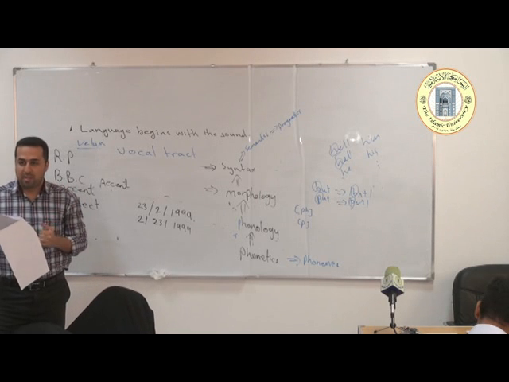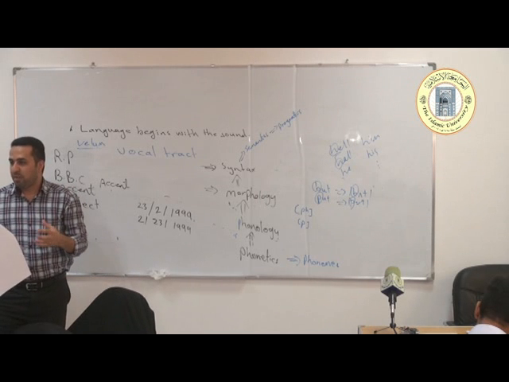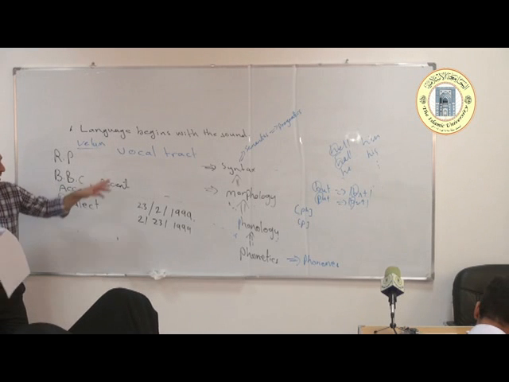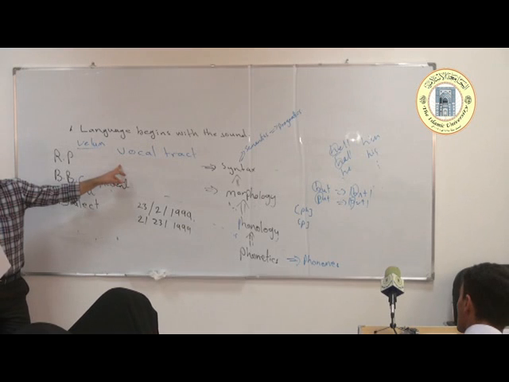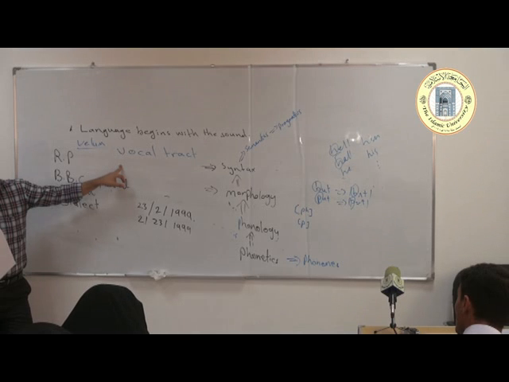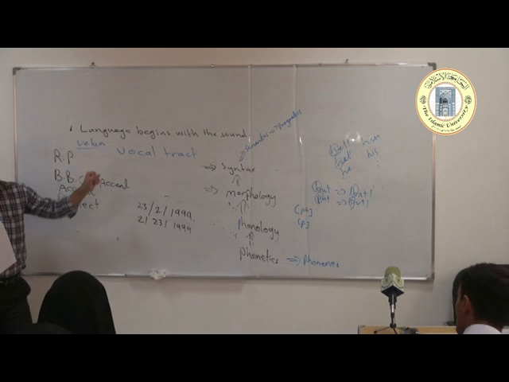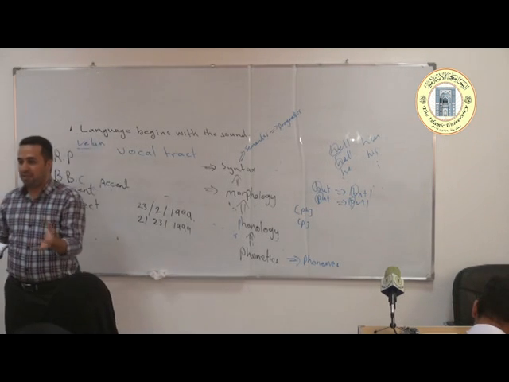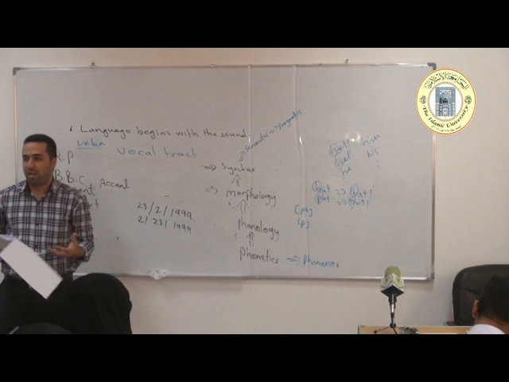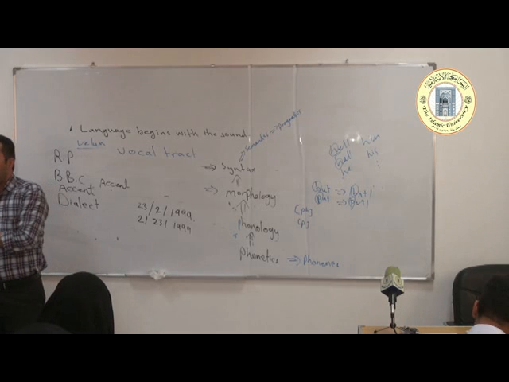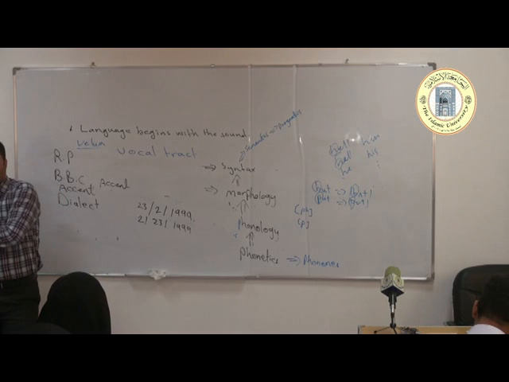Then the tongue, I told you before, it is the most important part in the vocal tract. اللي هو tongue, اللسان. The tongue is a very important articulator and it can be moved into many different places and different shapes, because it's moving most of the time.